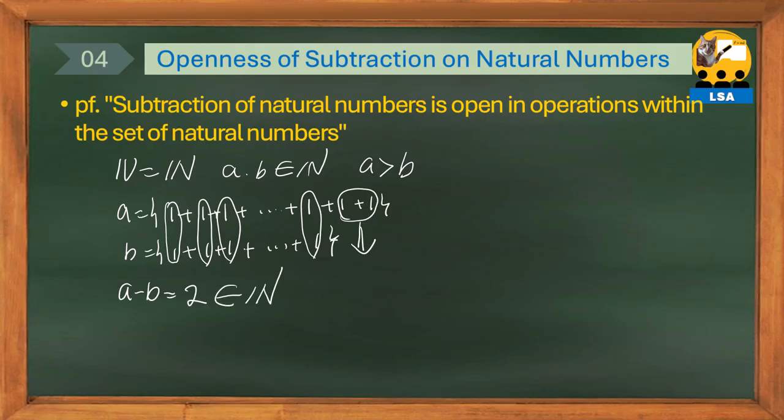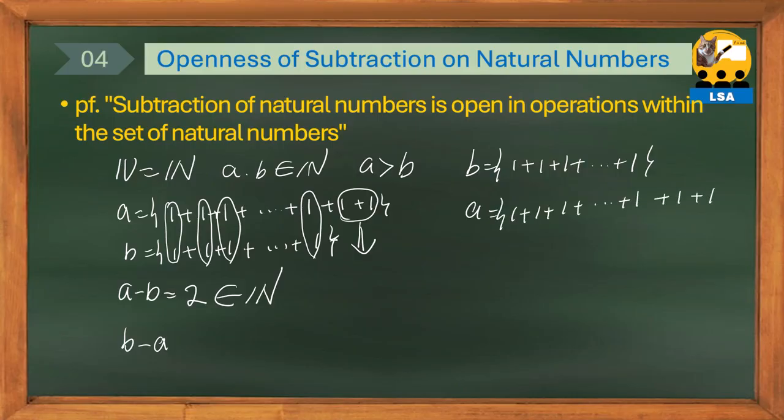However, for the subtraction operation b minus a, there are more pieces to take away, so the operation cannot proceed. It becomes impossible.